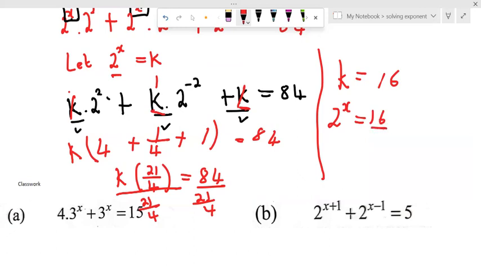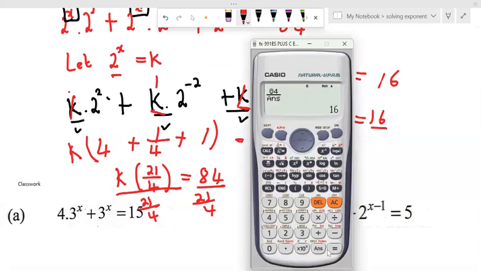Now we are going to change this to a prime product. 16 to the prime product. So we'll say 16 equals to shift factor.